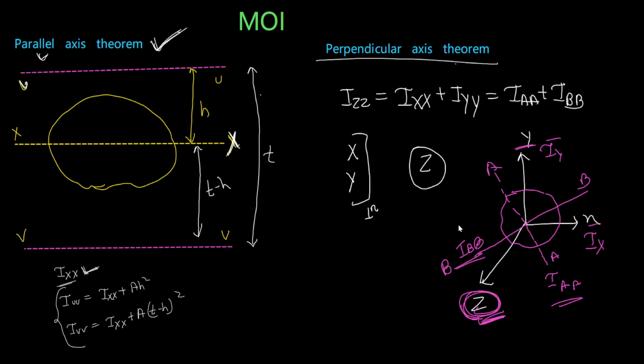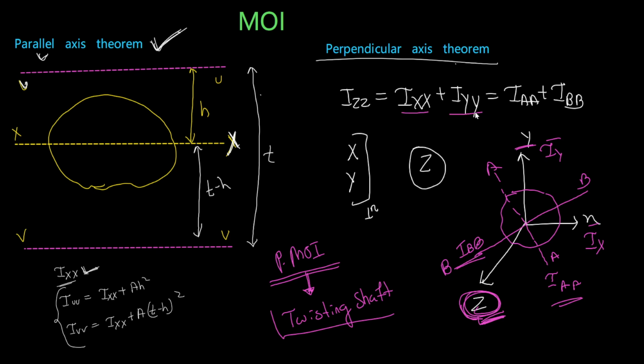The polar moment of inertia has extreme use in the twisting of shafts in strength of materials. So this Iz is nothing but Ixx plus Iyy, we have discussed already. If you know Ixx, Iyy, you can calculate about an axis perpendicular to both axes.